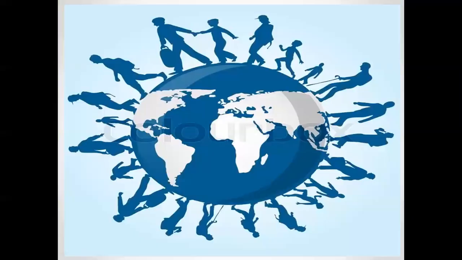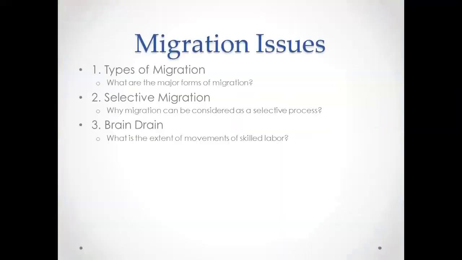For today's discussion, let's proceed to the migration issues. We have a lot of issues when it comes to migration, which we'll discuss later on. Under these issues, we have major forms of migration. We have also selective migration and, of course, brain drain.